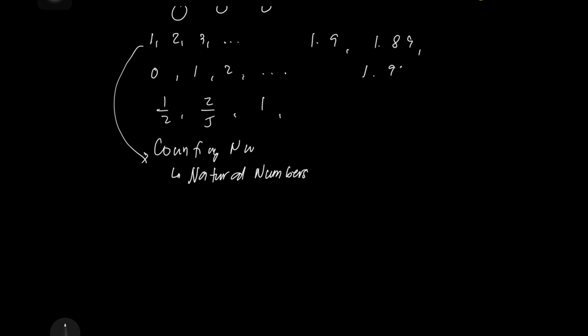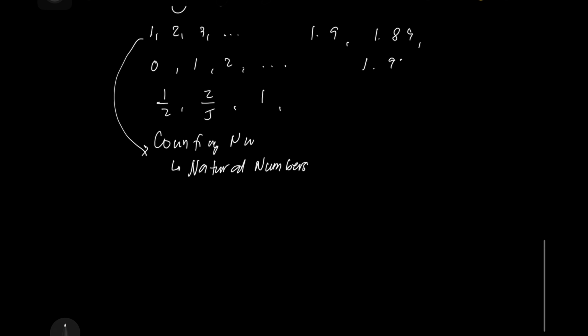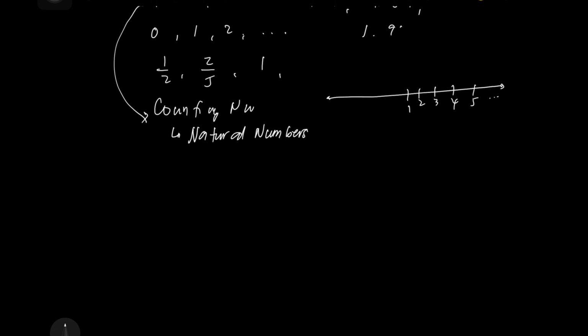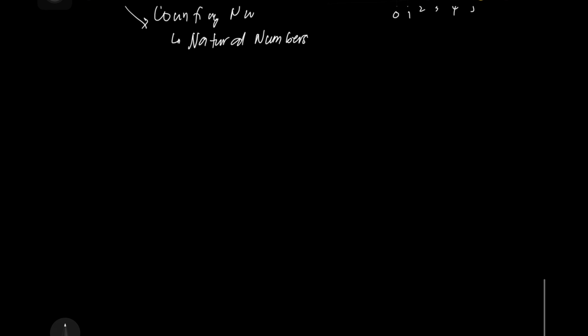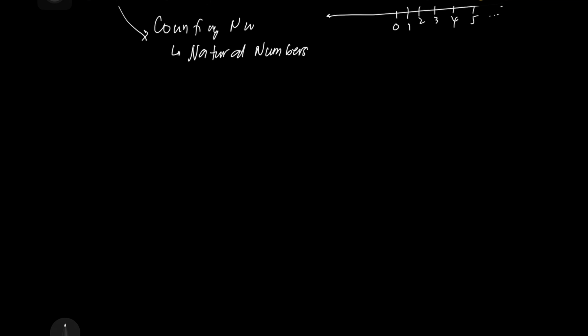Okay. So imagine we have a real line. Counting, we have 1, 2, 3, 4, 5, and so on. Now in that real line, there is also 0 to the left of 1.